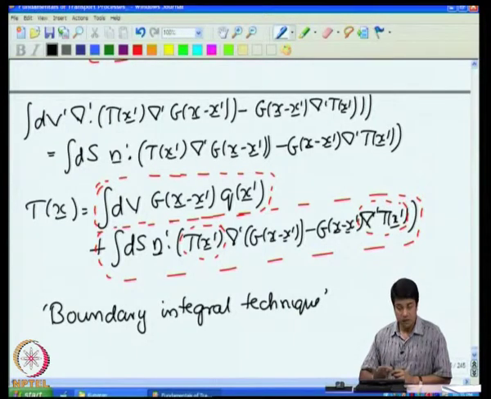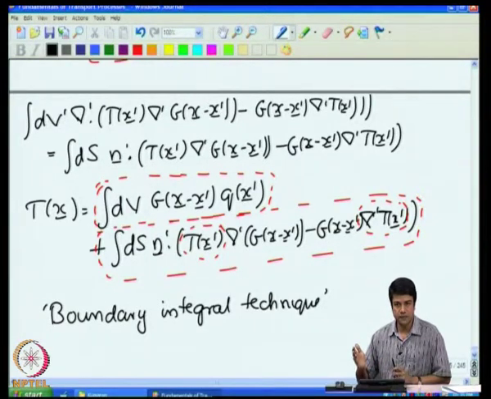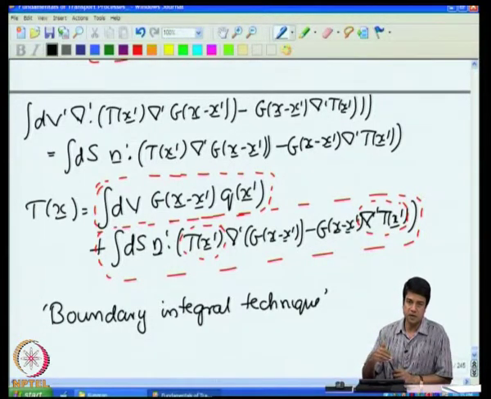In this Green's function formulation, I have solved del squared G is equal to some delta function. So, the Green's function is basically the inverse of the Laplacian acting on the delta function. And once I know what the Green's function is, I can then get the temperature in terms of that Green's function.